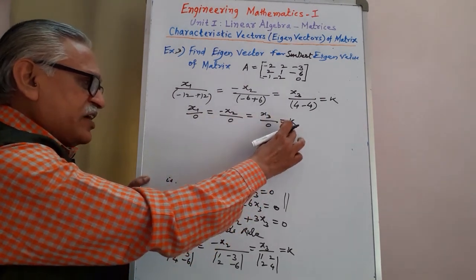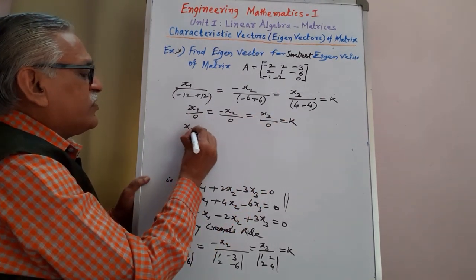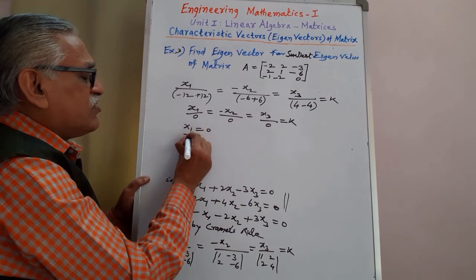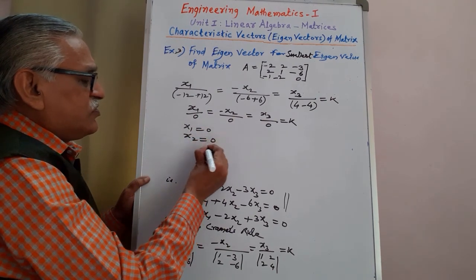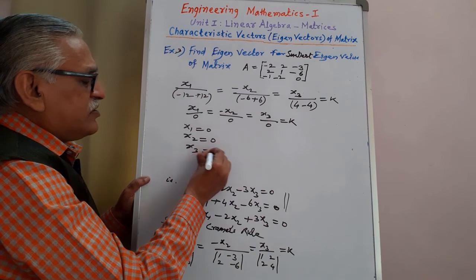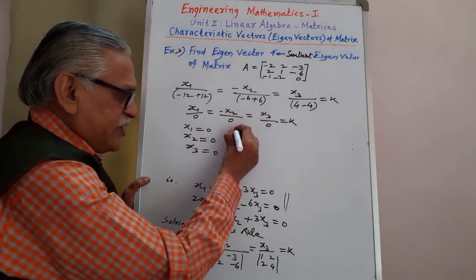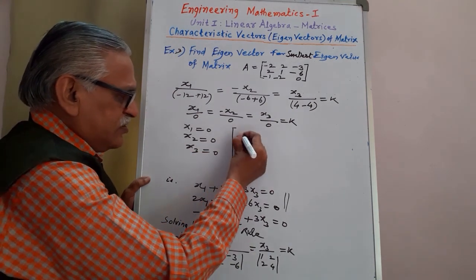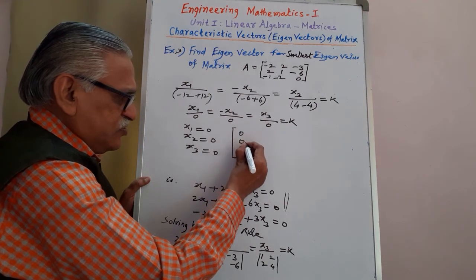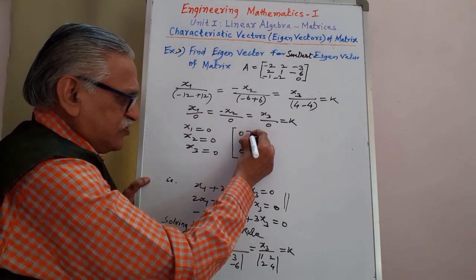Equating each to k, we get x1 is equals to 0, x2 is equals to 0 and x3 is equals to 0, and therefore that eigenvector is a 0 vector, 0 0 0.